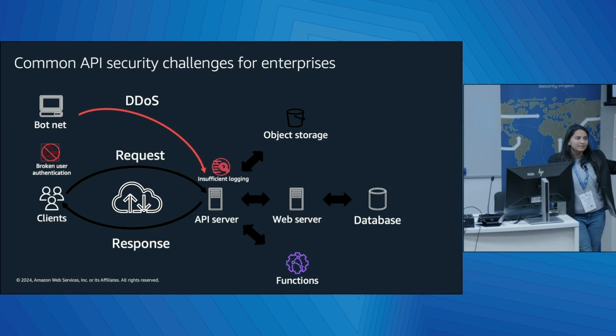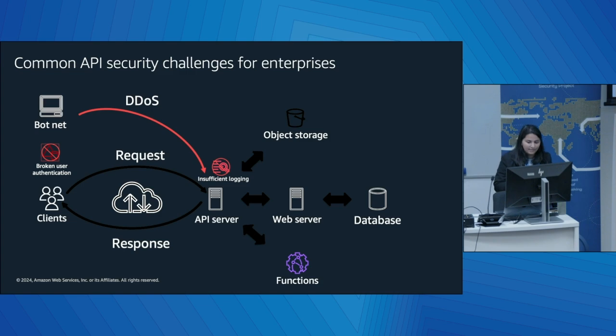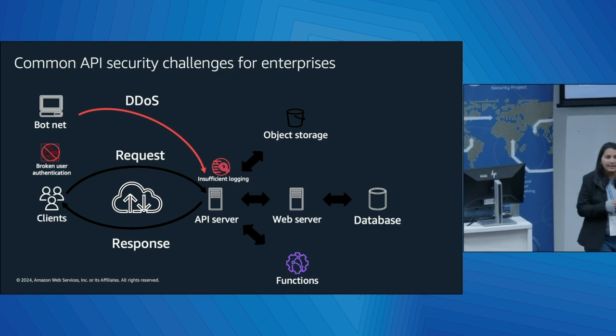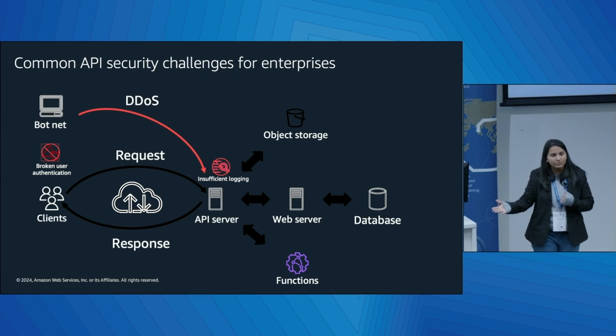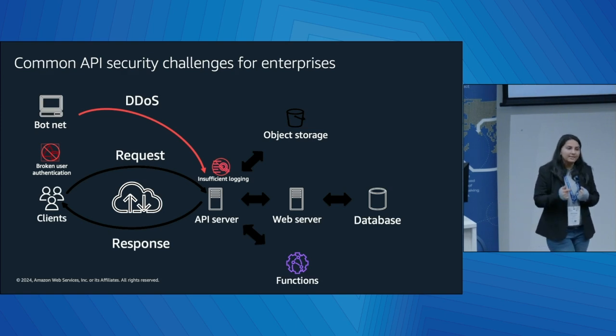Anybody knows what DDoS is? Distributed denial of service. With DDoS, when you get a request into, again, Uber, it's one API call from one source. Imagine sending thousands of API calls from one location.